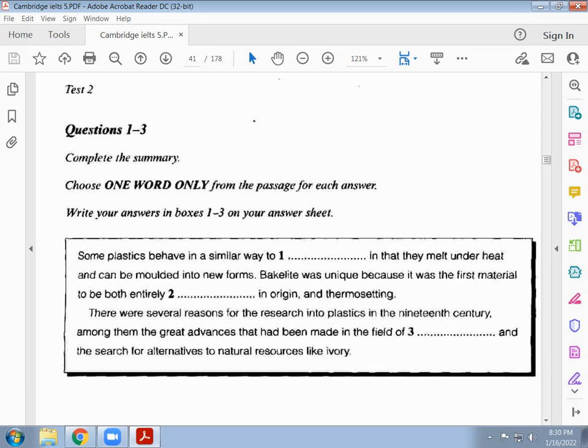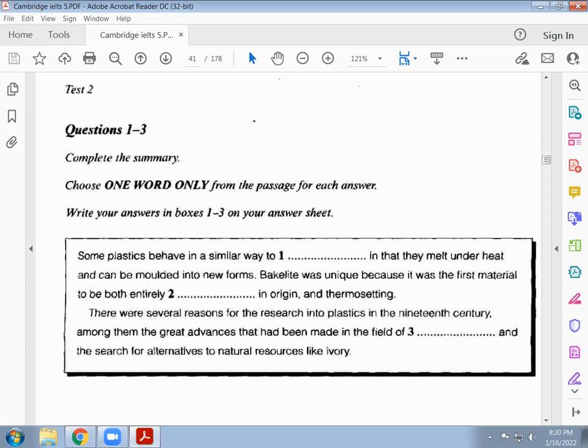So this one will be done this way: you will underline, highlight the question keywords, circle the words. Even if you don't know what candle wax is, you don't know what thermosetting is, you can still make your answers right, because nobody is going to ask you what you understand by this passage. Nobody is going to ask you to write a summary in your own words. You get scored based on accuracy.